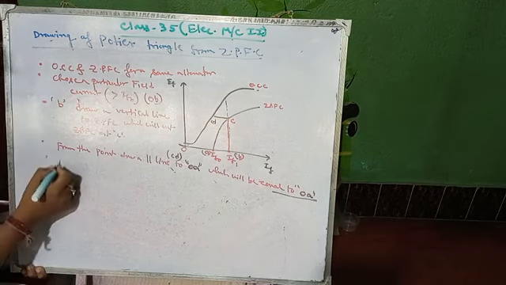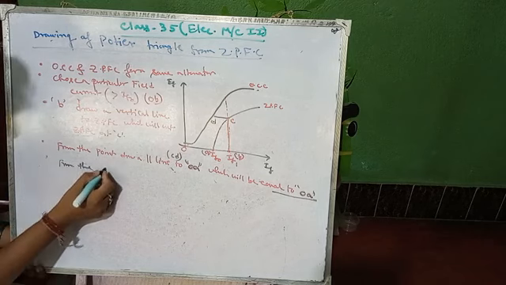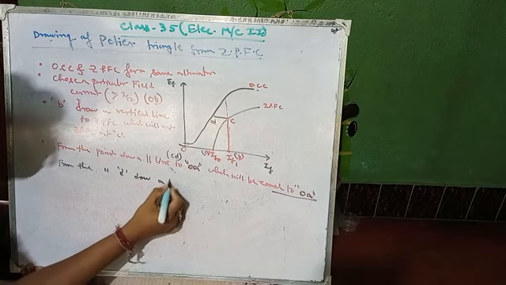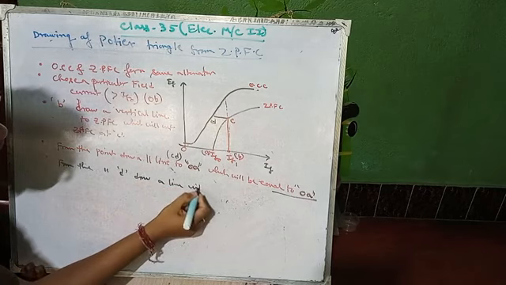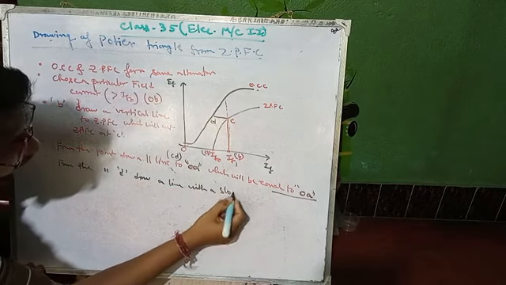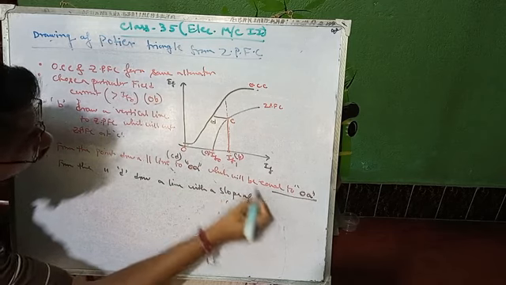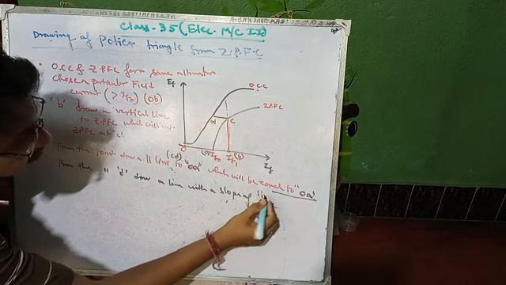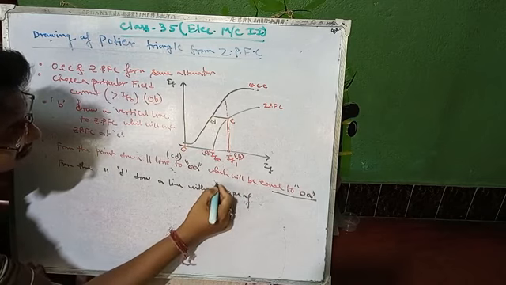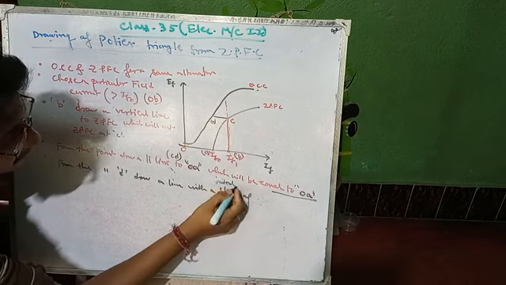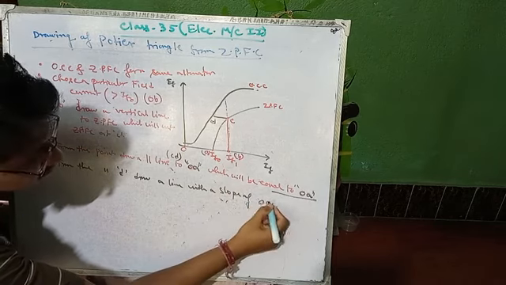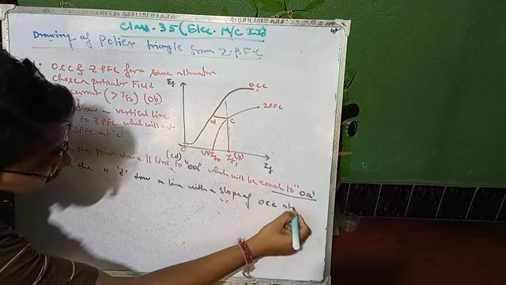from the point D, draw a line with the slope of the OCC at initial.